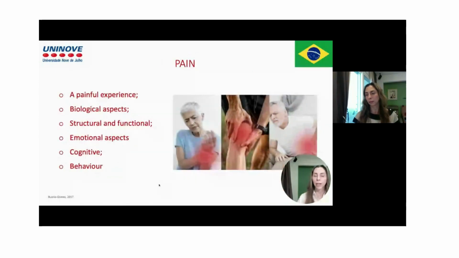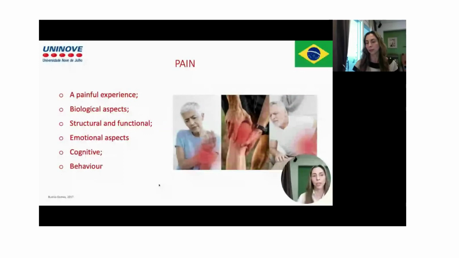Pain is subjective and cumulative. Pain evaluation includes several concepts and methods which involve the investigation of a painful experience. Several aspects are involved, like biological, structural and functional, emotional, cognitive, and personal behavior.